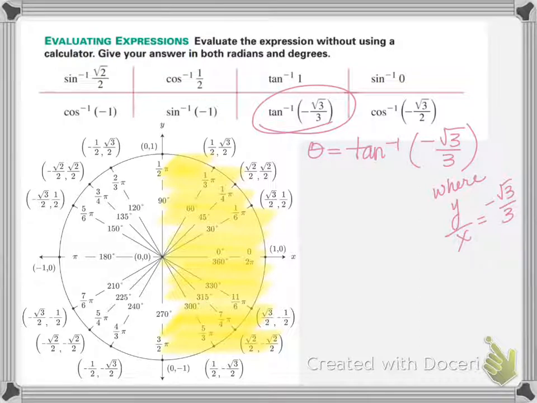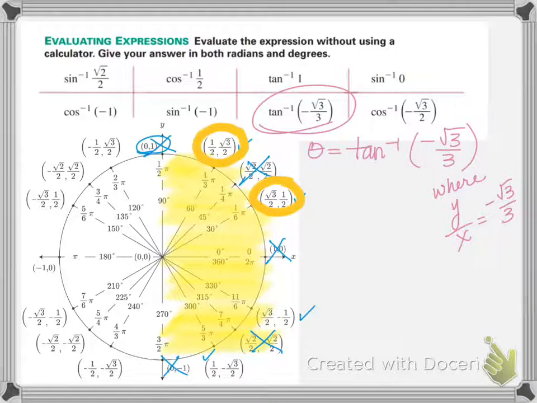For instance, this number doesn't even have a √3, so it's never going to be an answer. This one might be. This one doesn't have a √3. So right now, the only ones that possibly can be answers are this one, this one, this one, or this one.